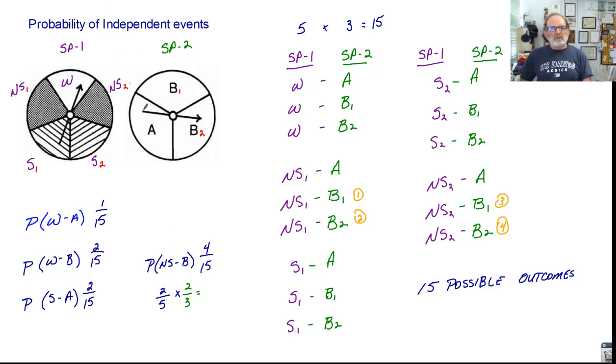And when we multiply those together, 2 times 2 is 4, 3 times 5 is 15. That's how we get our probability.